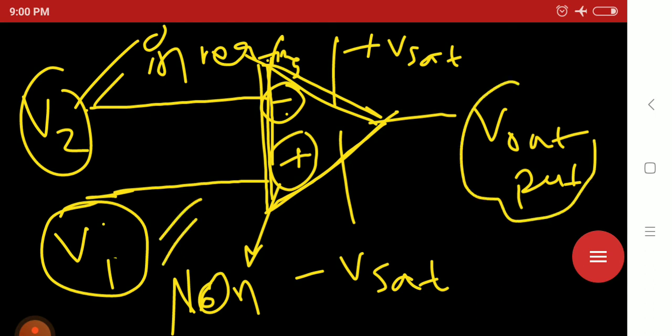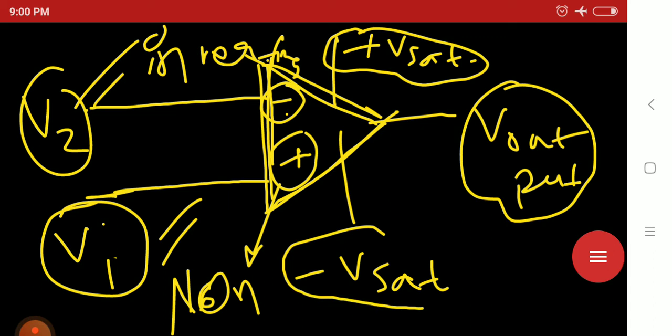This is the output voltage, and this is the saturation voltage, positive V saturation. That means after that no voltage will be taken as an input, and here is negative V saturation. V1 is the non-inverting input voltage, V2 is the inverting input voltage, and this is the output voltage.